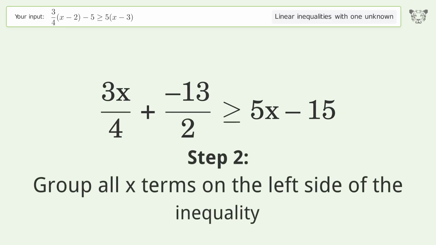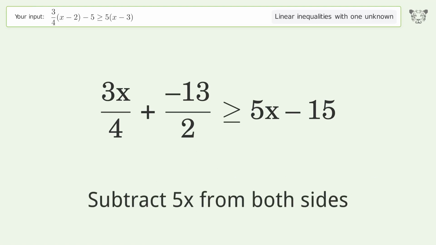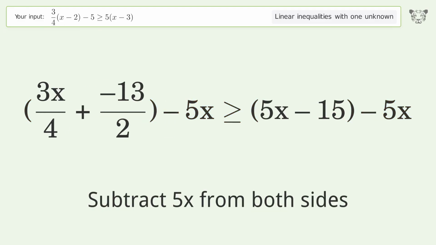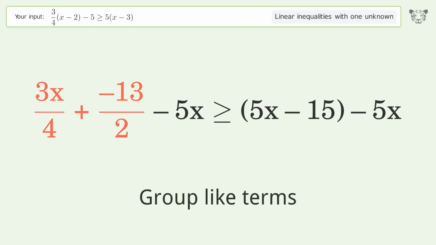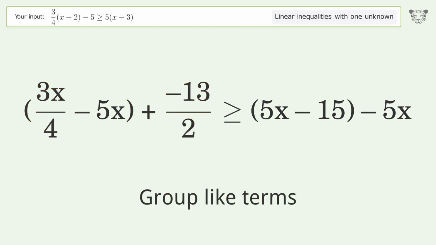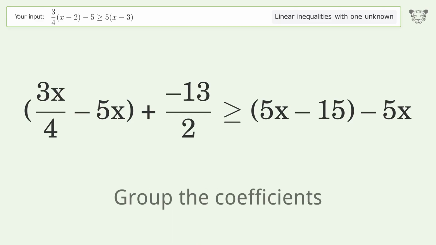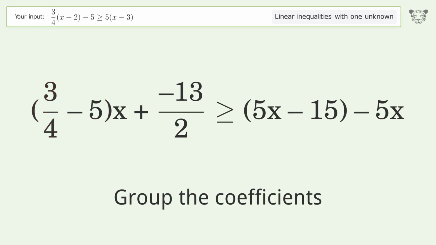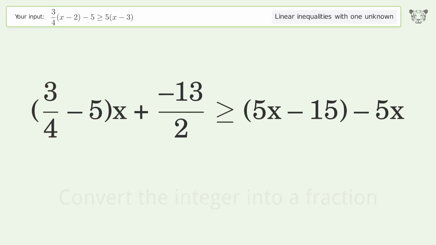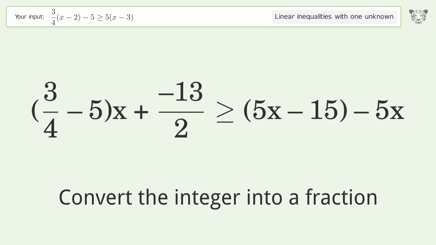Group all x terms on the left side of the inequality. Subtract 5x from both sides. Group like terms. Group the coefficients. Convert the integer into a fraction.